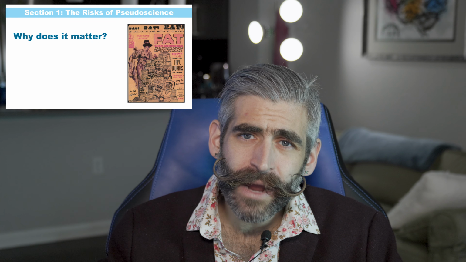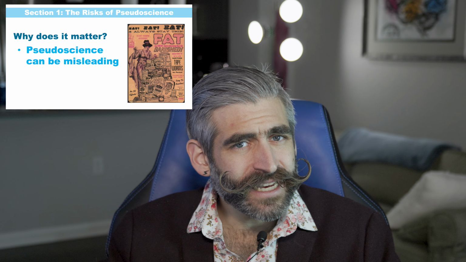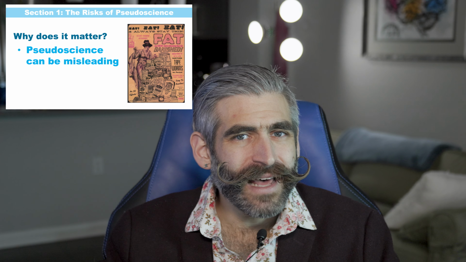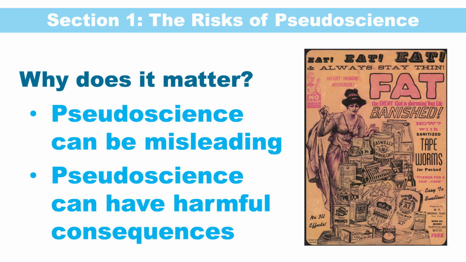You might wonder why we're discussing phrenology now, if it's clearly outdated. But the lesson here is critical. Pseudoscience can mislead. It often presents itself as scientific, using technical language or appealing ideas, but it lacks the rigorous methods that make true science reliable. And it can have harmful consequences.